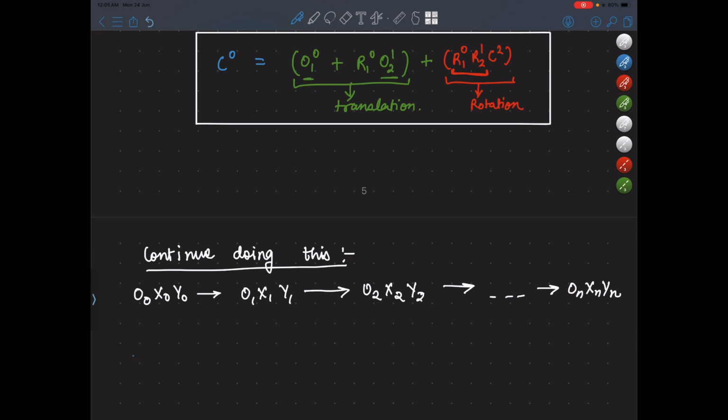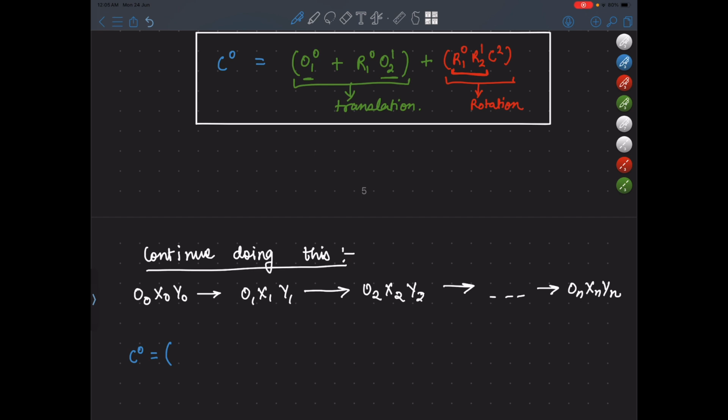Now C naught equals, you can derive the expression yourself, but I am writing it directly. It can again be written in two parts: translation and rotation.